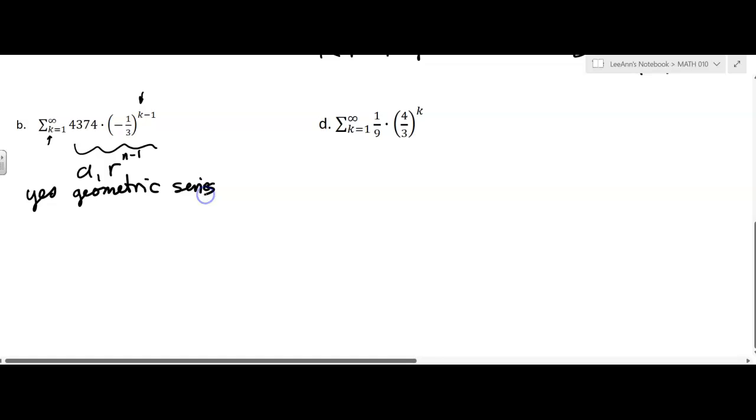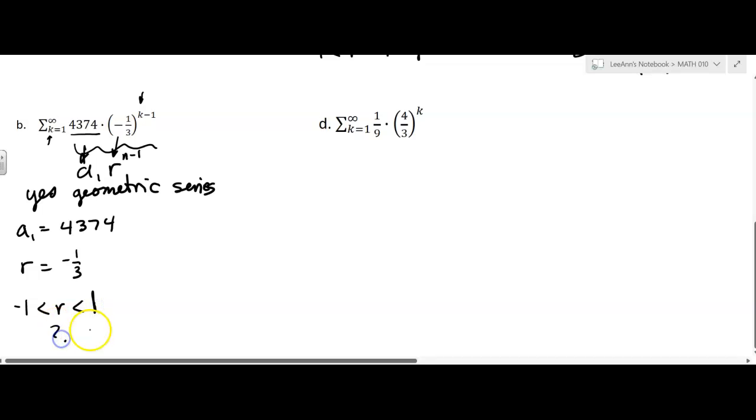Okay, great. Now, what is the first term? Well, the first term is going to be this, 4,374. What's the ratio going to be? See, you're following this little form you have for a geometric sequence. Well, the ratio is -1/3. So is that between -1 and 1?